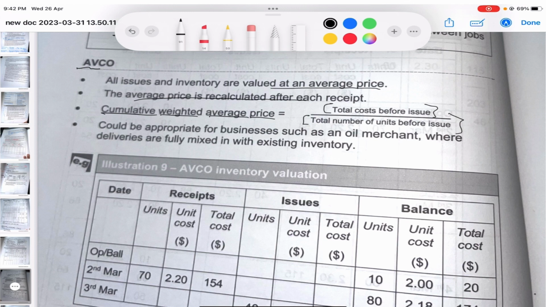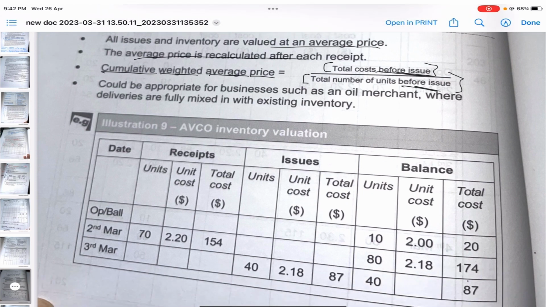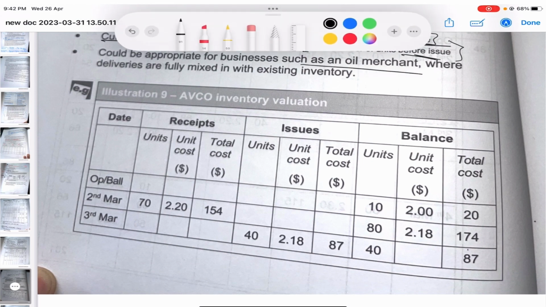So that would be the total costs, what all costs have been done before the issuing, divided by the total number of units which were there before the issue. So either way, both of them are going to be before my issue. Could be appropriate for a business such as an oil merchant where deliveries are fully mixed with the existing inventory. So that is something which is related to my inventory valuation using the AVCO method.